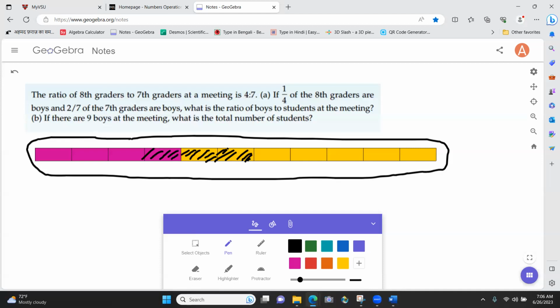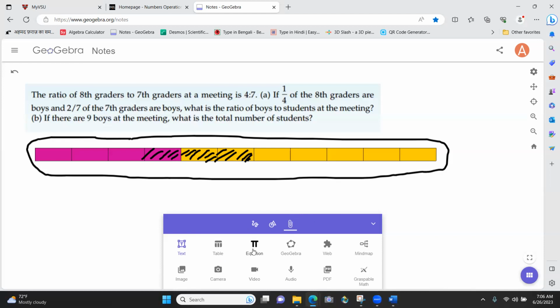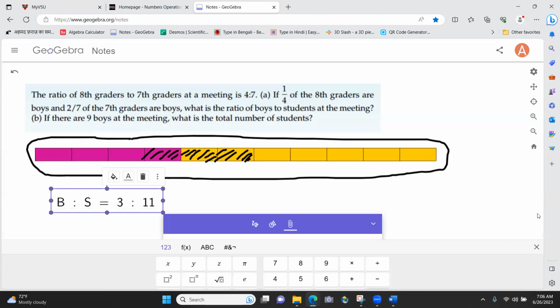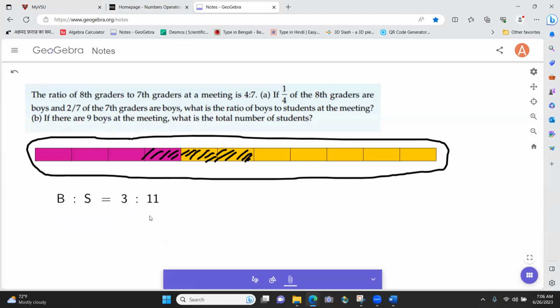For every 11 students, there are 3 boys. So our answer will be this. The ratio is boys to students. For every 3 boys, there are 11 students, or for every 11 students, 3 of them are boys.